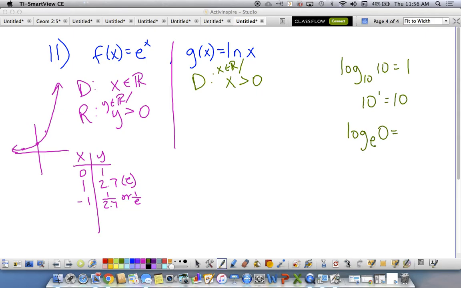It's impossible. E raised to the first power is e. E raised to the 0 power is 1. So that does not exist. That's why you cannot plug 0 in to get anything. Nothing raised to a power will ever give you 0.